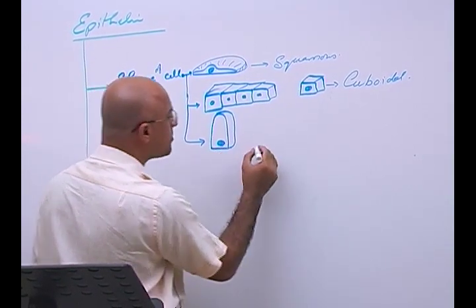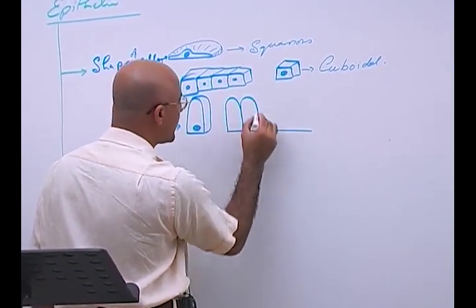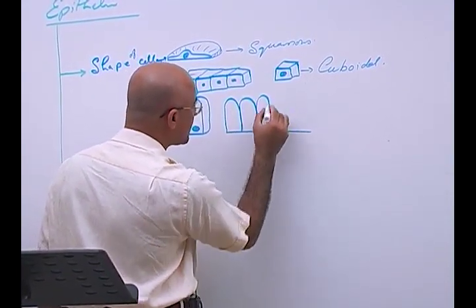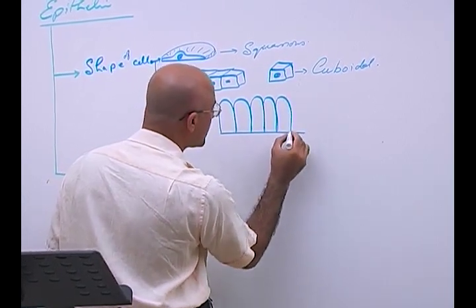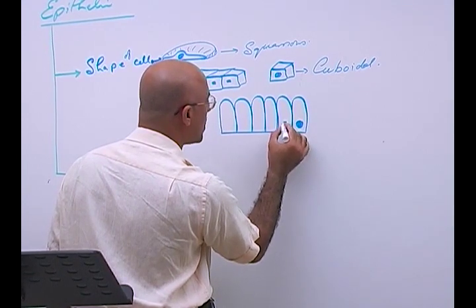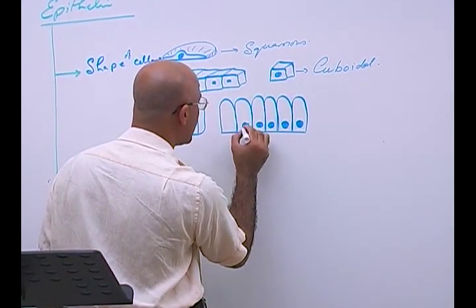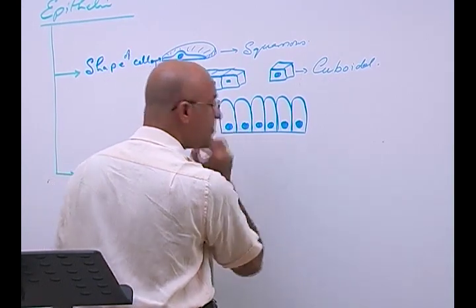When any epithelial tissue has cells which are tall, where the height of the cell is too much but the width of the cell is less, we say these cells are like a column. Because these cells are like columns, we call them columnar cells, and such epithelia are called, yes please, which epithelia?